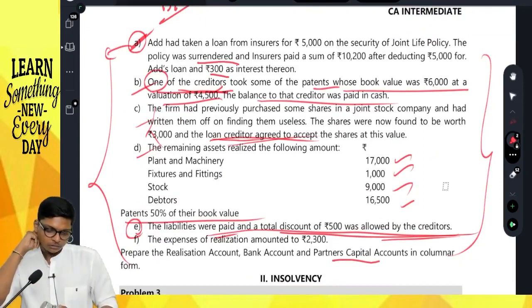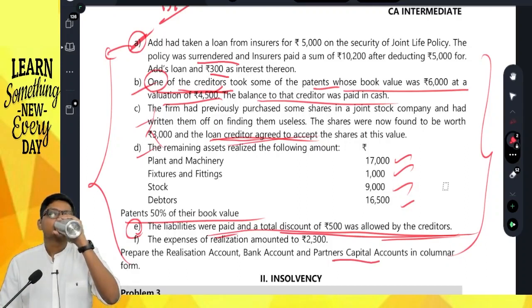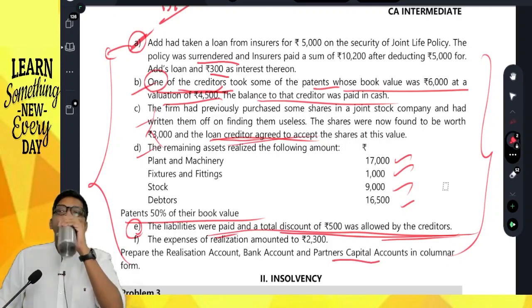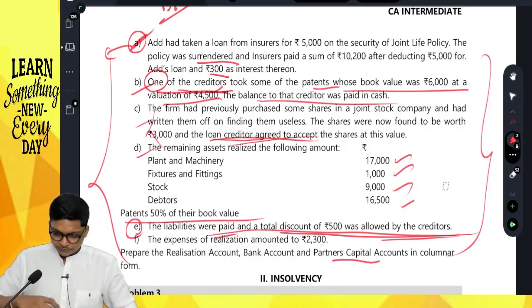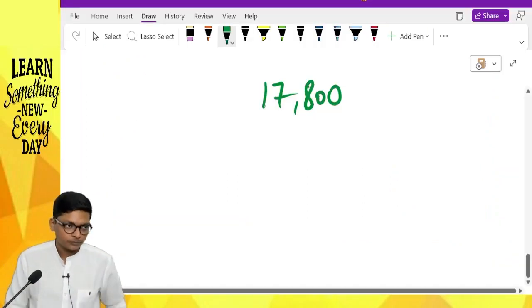12,000. Okay. Fine. First, let me summarize the transaction. You have a doubt because both debit and credit amounts go to realization account.